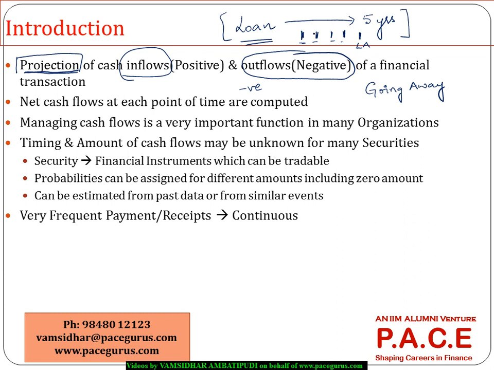And at different points, let's say after 1 year, the person is paying some interest. After 2 years, the person is paying some interest. So there is money that I am receiving in the form of interest, and even the loan that has been given is refunded, which means I am receiving. So wherever the entity is receiving the cash, we call them cash inflows.